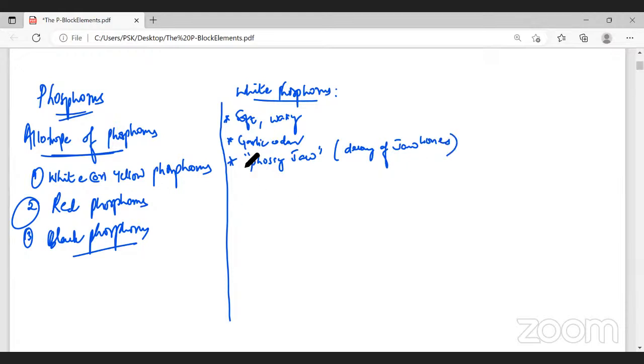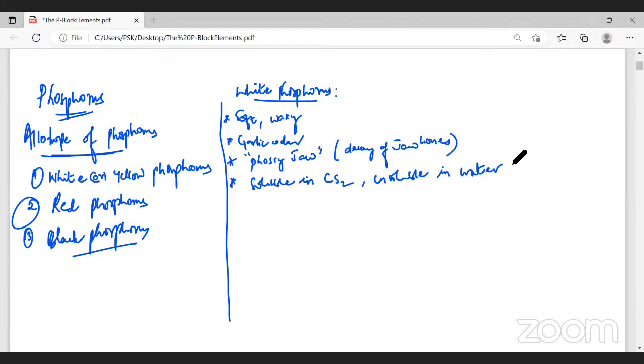And it is soluble in carbon disulfide. Carbon disulfide is an organic solvent. It is insoluble in water. So white phosphorus is soluble in carbon disulfide and it is insoluble in water.